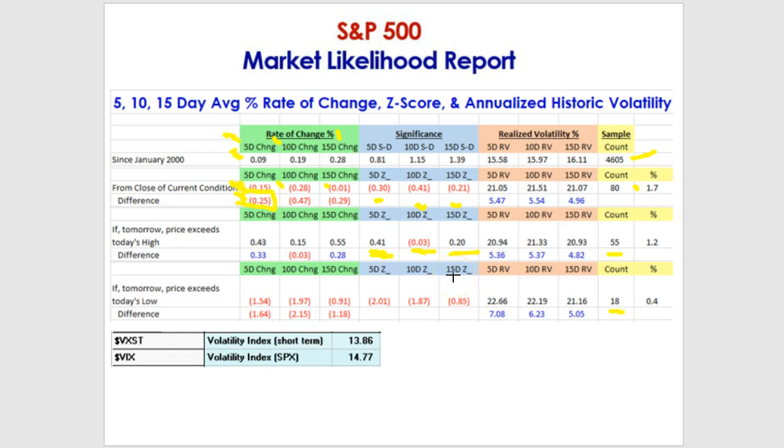Now here's the kicker: if somehow the market reverses course and exceeds the low on Friday, now you have changes that are much different on the downside. Wow, I mean, the market really tanks in the case that it goes down below Friday's low. The z-scores, look at that, 1.8, almost 2 standard deviations to the downside, and then the 3-week is at almost a full standard deviation to the downside.